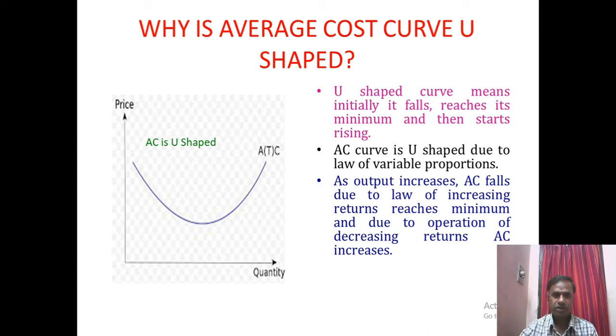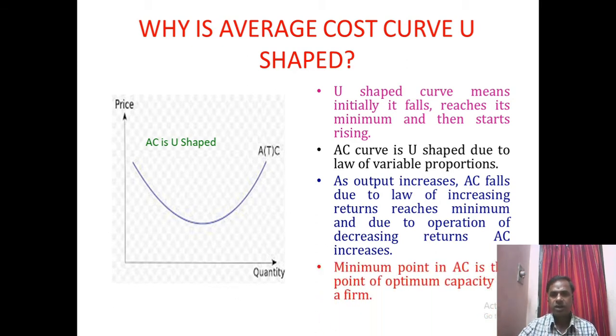When the total product decreases, the average cost increases from here. In the last stage, the total product diminishes because the combination of the fixed and the variable factors is not suitable. That's why total product or output decreases, and that's why the cost increases. That is the reason for the U-shaped average cost curve.